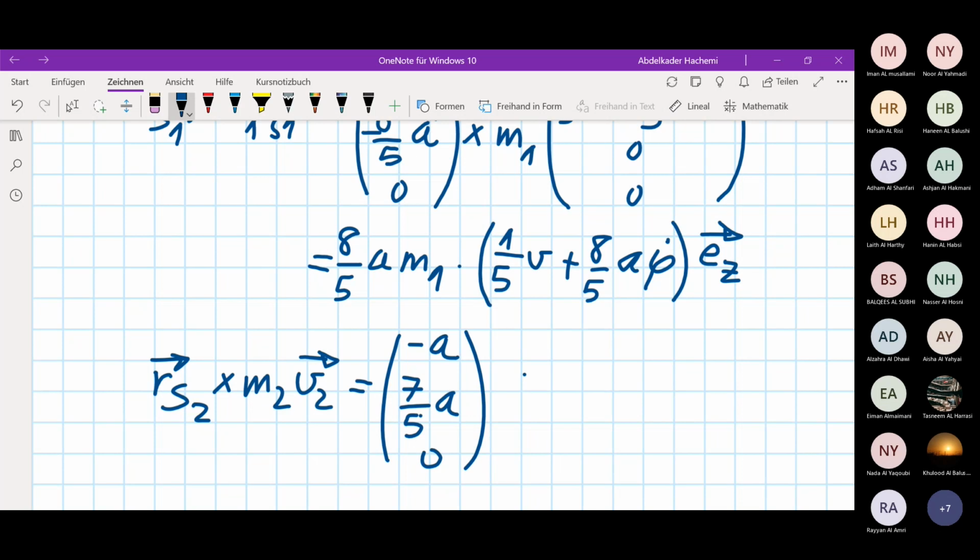And here also we cross M2 times 1 divided by 5 V for the velocity V2, minus 7 divided by 5 A phi dot, minus A phi dot, and 0.